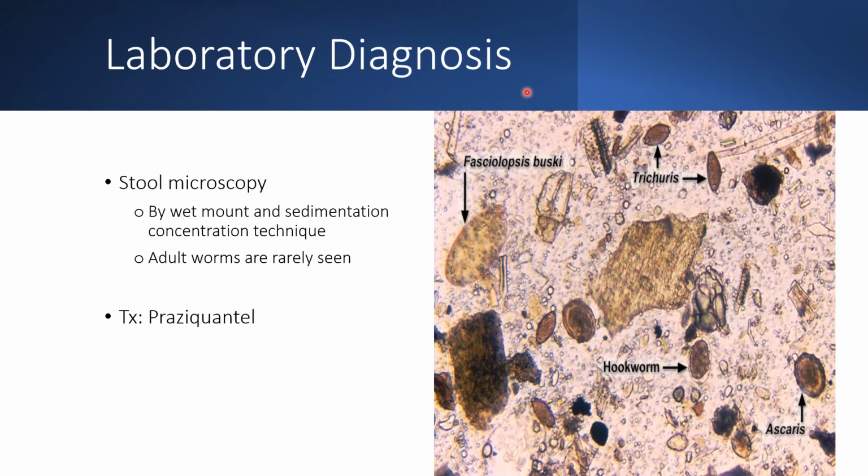Okay? So adult worms are rarely seen, particularly if heavy ang infection. Okay? So here sa picture, it shows the presence of Fasciolopsis buski together with the unholy three. Okay? So the treatment, we have praziquantel as well. Okay?